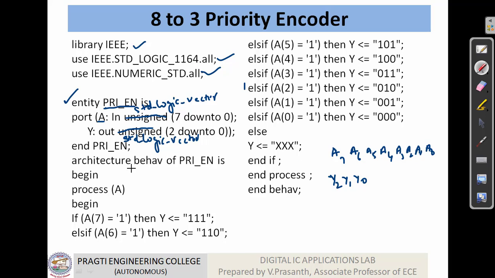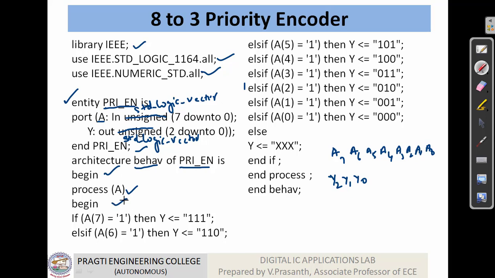Now we will be ending the priority_encoder entity. Then we will be starting the architecture. The architecture name we have taken as behave of the entity name priority_encoder, and PRI_en will begin the process. In the process the sensitivity list will include the input bit.